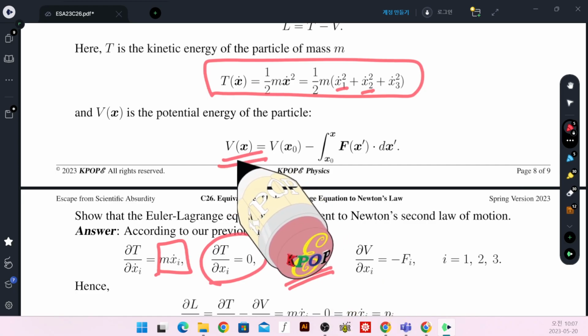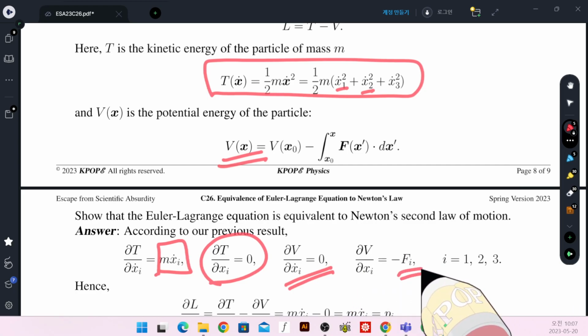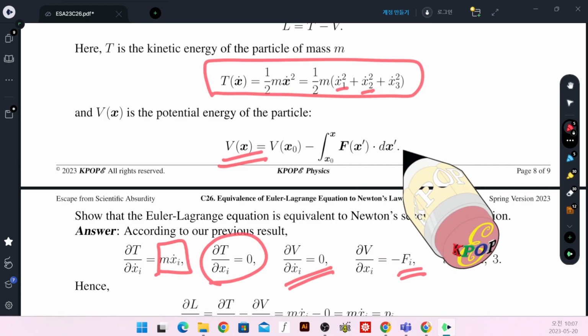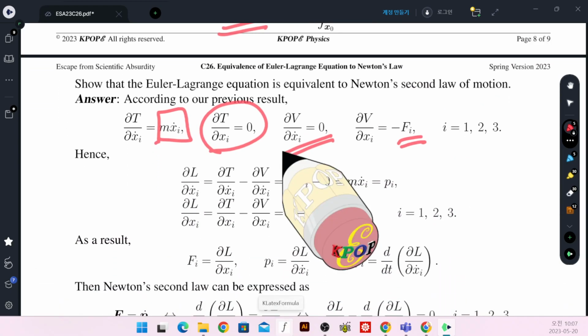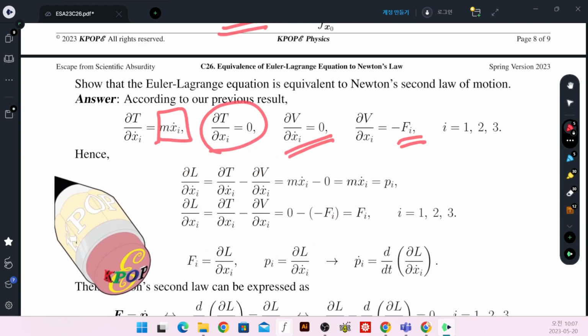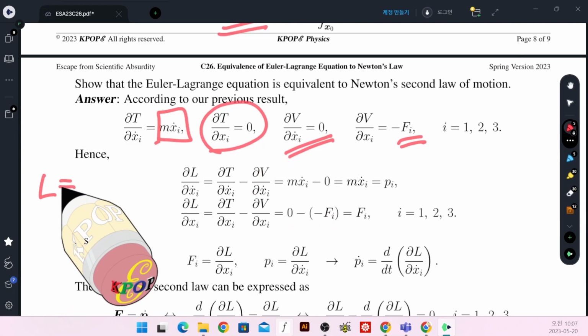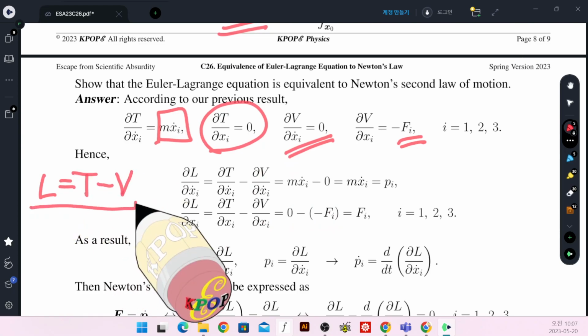So in coordinate space, the gradient of a potential is the negative of the force. We have found it already. All right. Because of these two relations, we remember that the Lagrangian is the kinetic energy subtracted by the potential energy.